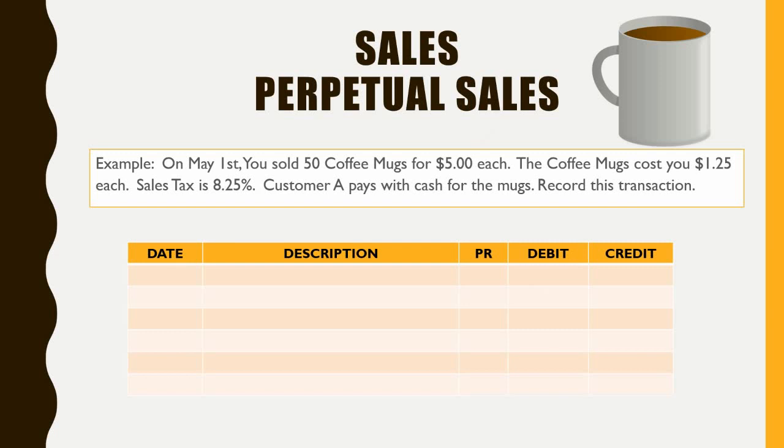Okay, and then break it down. Your sales would be $250 and your tax is $20.63.